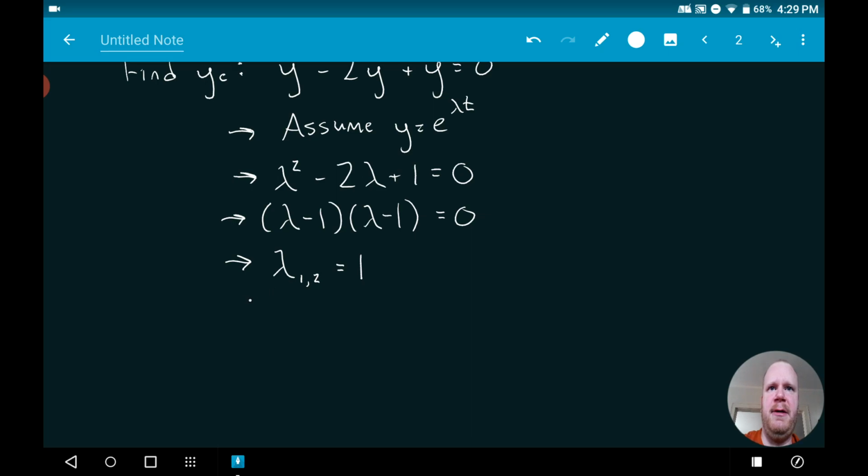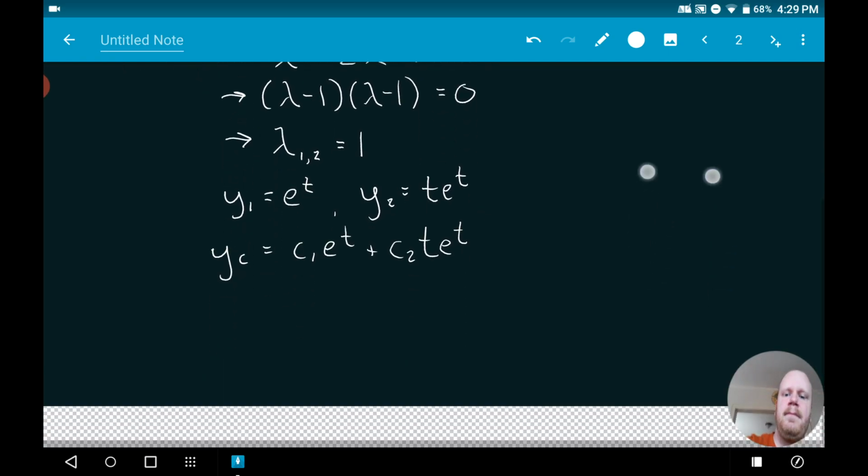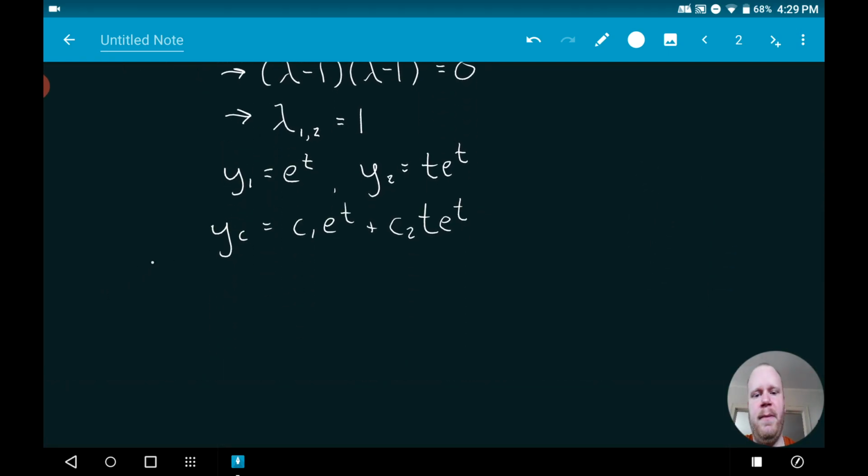So this means that our y1 is going to be equal to e to the t. y2 is going to be equal to t e to the t, and our complementary solution looks like this. So that's it for the complementary solution.